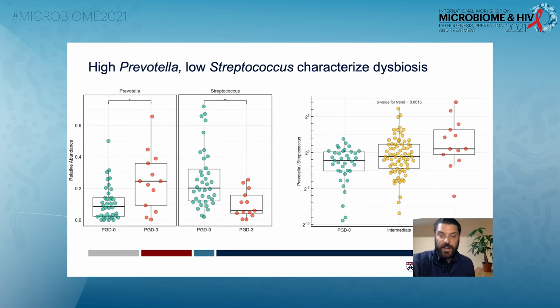And when we interrogated it further, it really seemed that Prevotella and Streptococcus stood out, and that those that had high Prevotella and low Strep had a high risk of primary graft dysfunction. When we further looked into this, the plot on the right is creating a Prevotella to Streptococcus ratio, and there seems to be a stepwise increase between those that had no inflammation, some inflammation, and severe inflammation after lung transplant.